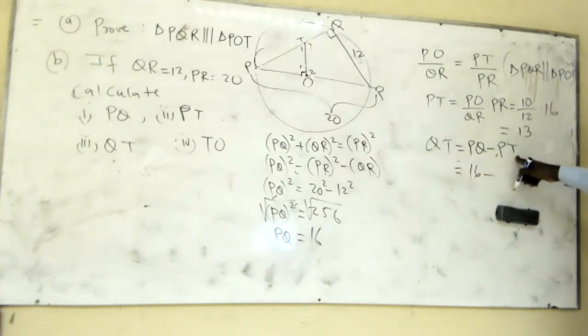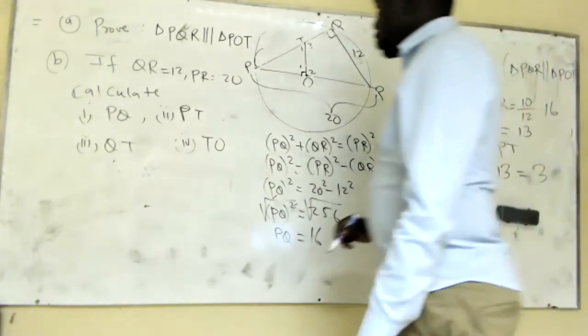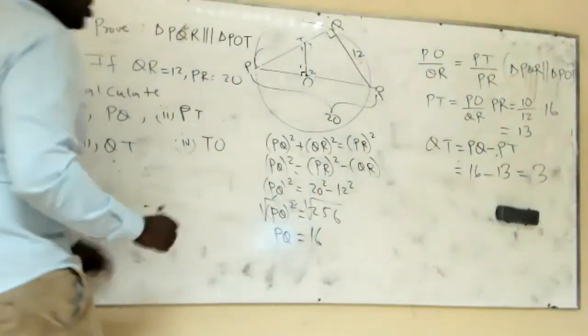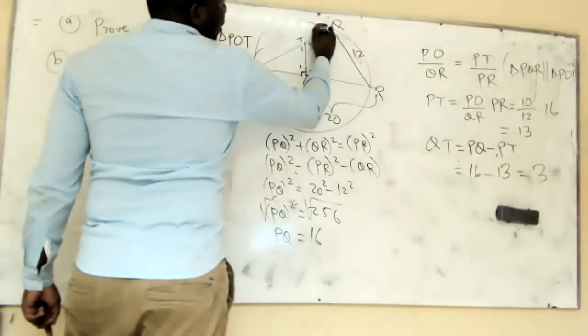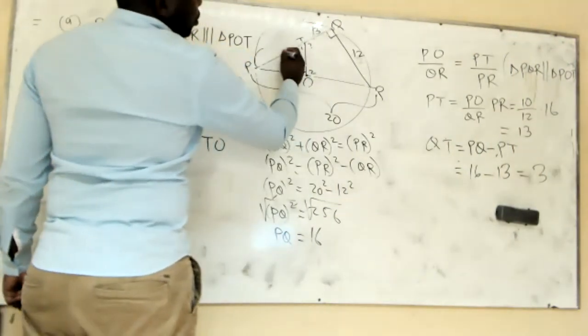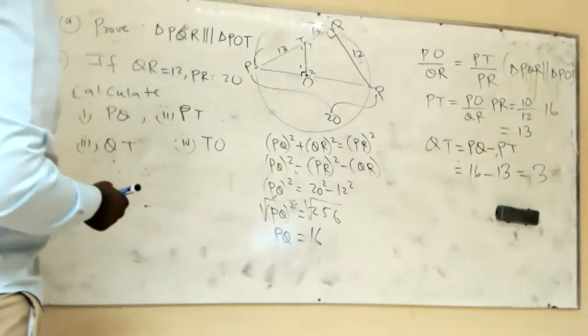We calculated it somewhere up here from the previous question, it is 13. Therefore, the answer on that one is going to be QT equal to 3. So we obtained a value of 3 here. And for PT, we obtained a value of 13. Let me write those values so that it does not confuse us.